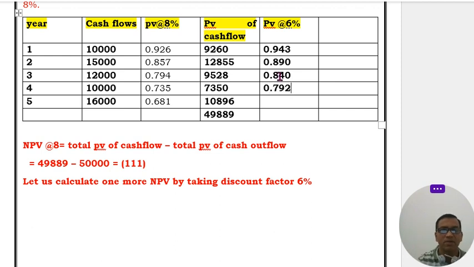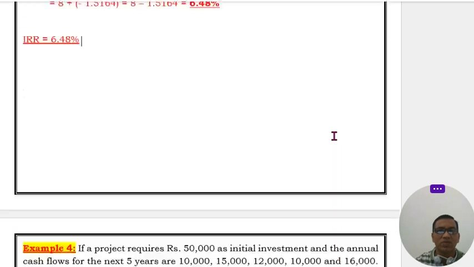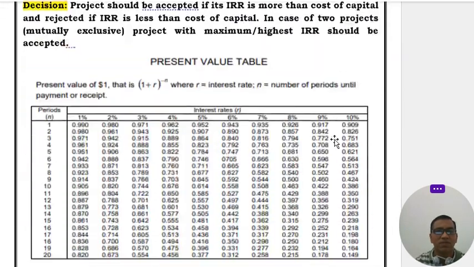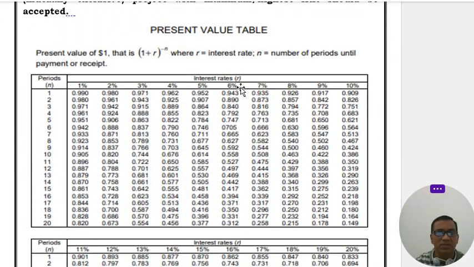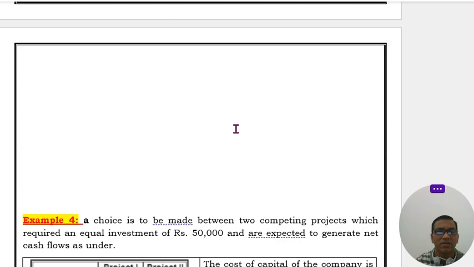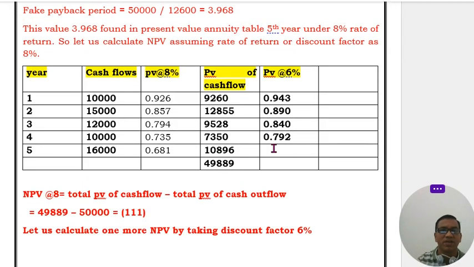Fourth year 0.792. I want one more, the fifth year value at 6%. Fifth year: 0.747. So these values I took from the present value of $1 table. Whatever the currency, table values remain the same throughout the whole world.